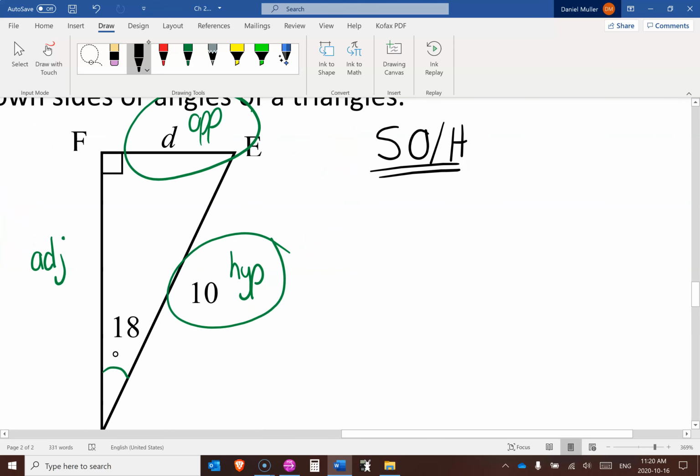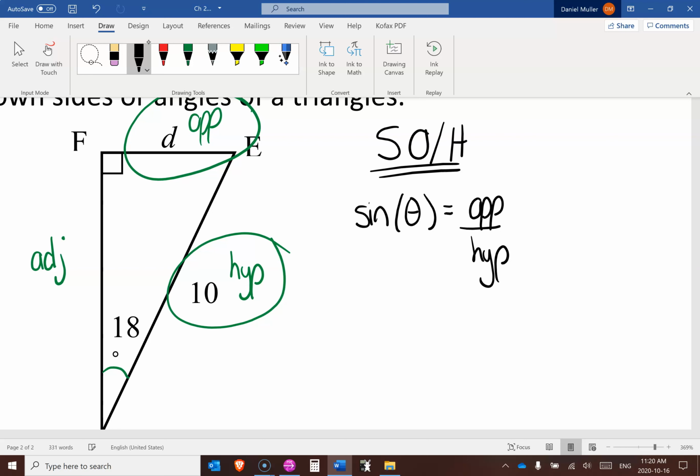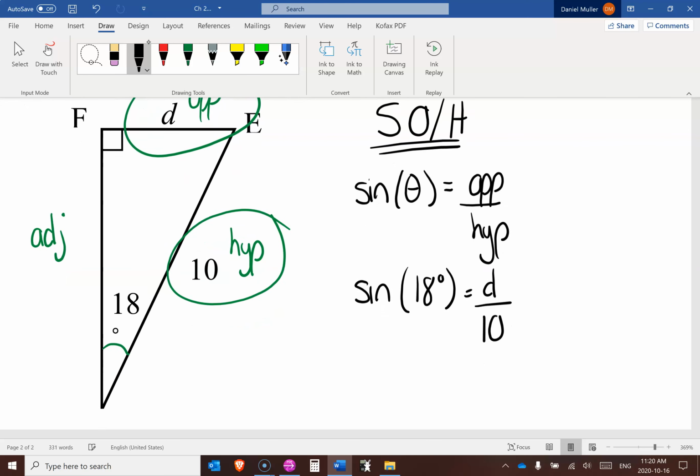The formula you have to memorize is sine of some angle equals opposite over hypotenuse. Now the angle that's given to us, our perspective, is 18 degrees. The opposite is labeled as D, and the hypotenuse is labeled as 10.